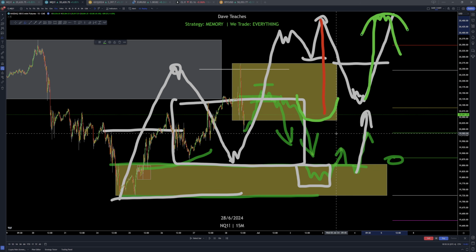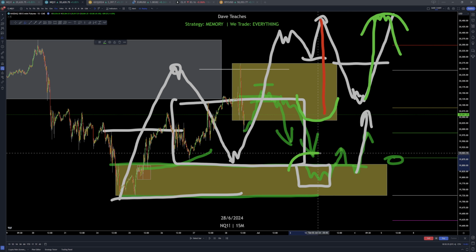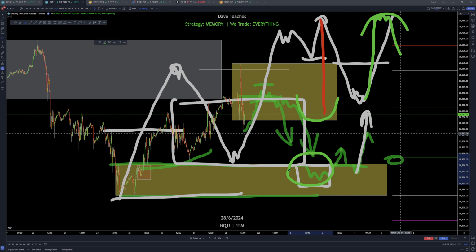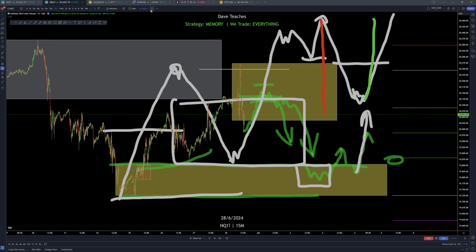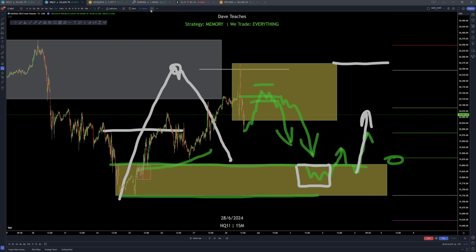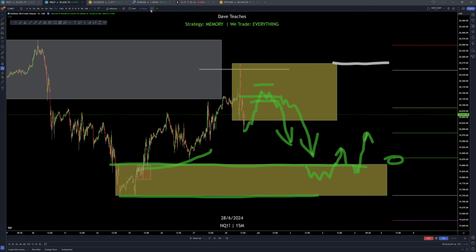So we have to wait for the market to achieve these areas, or at least the 50 of the outer impulse, in order to begin to look for some upside. But we still want to see some confirmation in those areas, right?